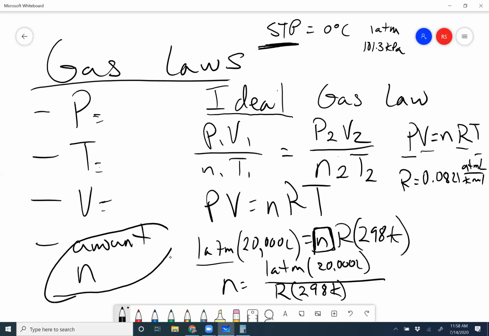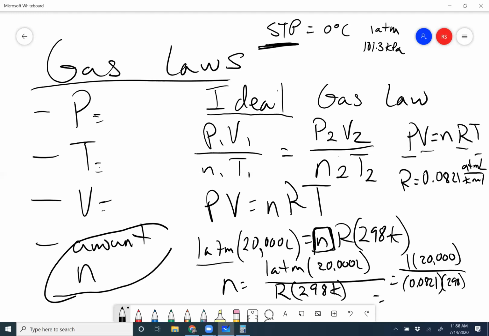And then, of course, because this is moles, we can then convert this into grams if we want to actually weigh it out. So if we plug in our numbers here, this would be 1 times 20,000 divided by 0.0821, and then times 298. This will give us our moles.